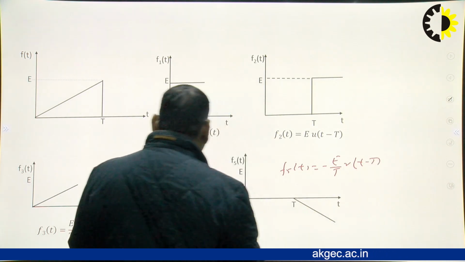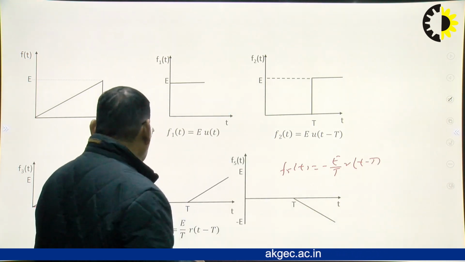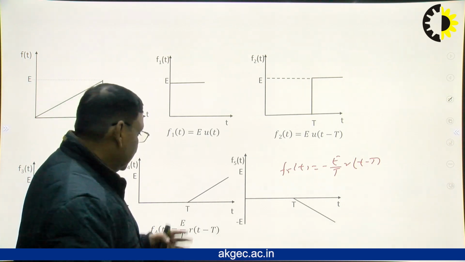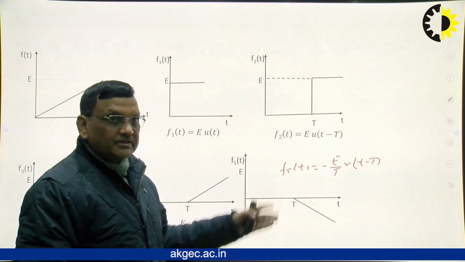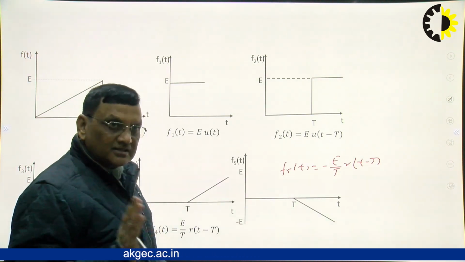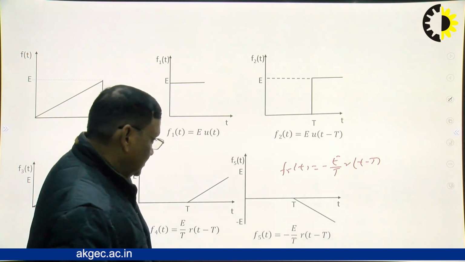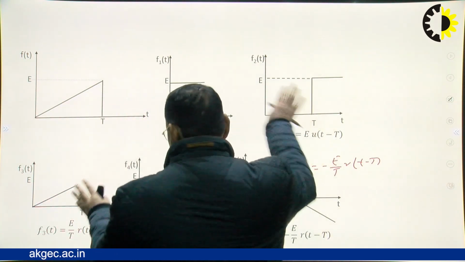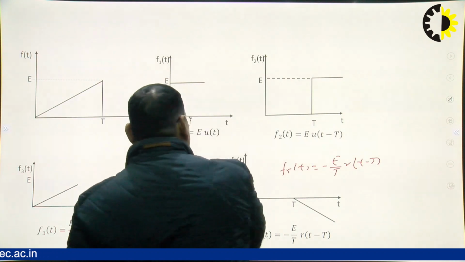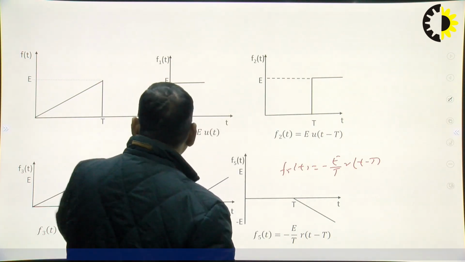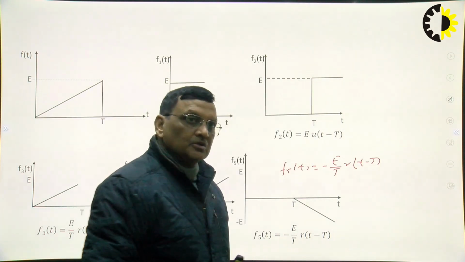So the basic difference between this f4t and f5t is that one is with positive slope and the other is with negative slope, and both are shifted ramps. Using these waveshapes, we can construct this waveform.